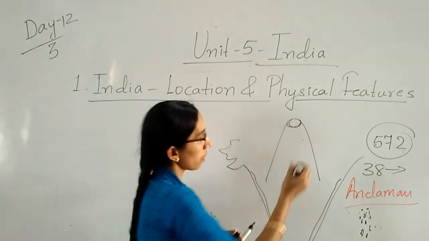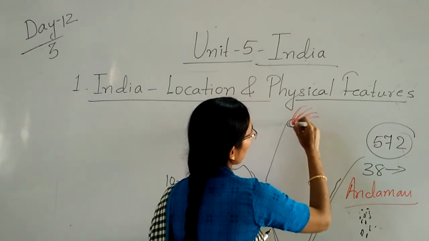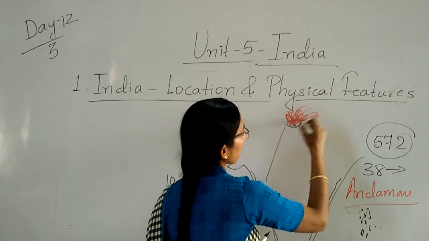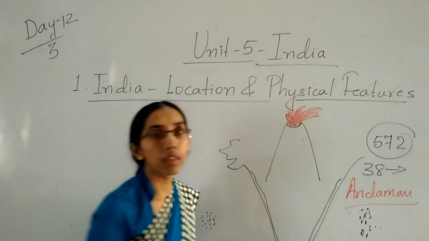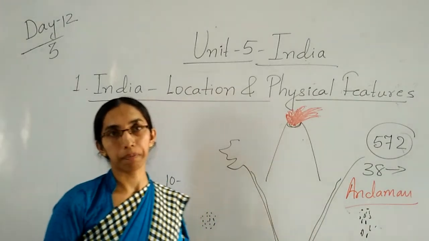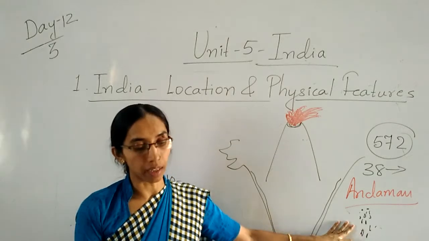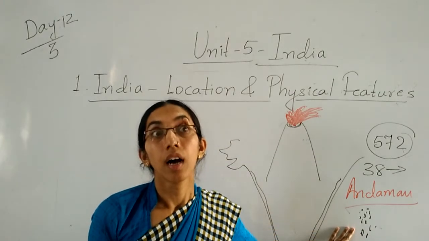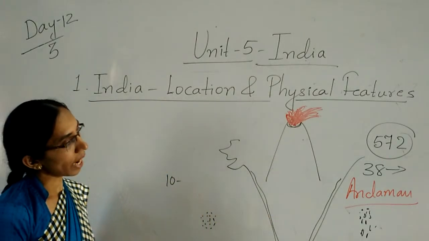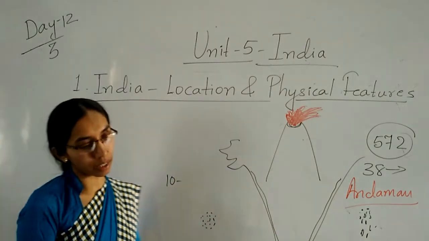Jwalamukhi. You know? In Andaman, we can see there are active volcanoes. Nowadays, in the geography channel, they are showing about the volcanoes. So, this barren land is actually an active volcano.